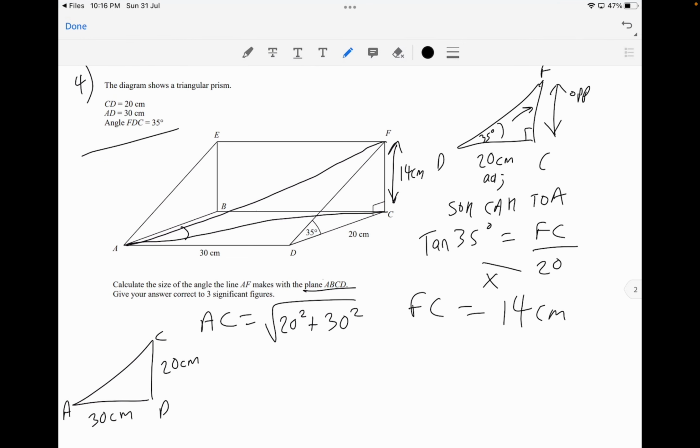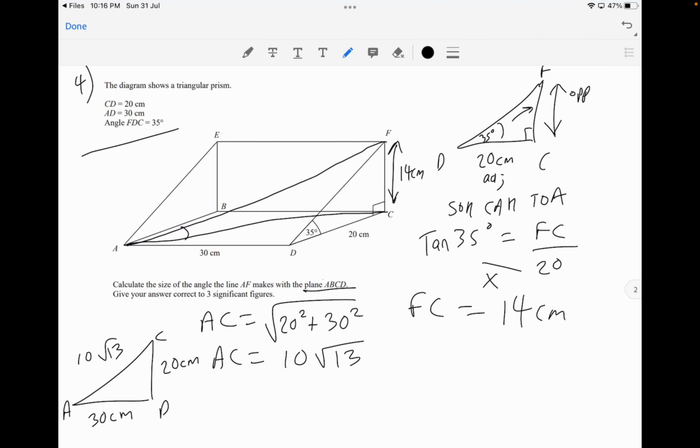This is Pythagoras theorem again. So AC is equal to the square root of 20 squared plus 30 squared. Once you do that, you'll be getting a surd, and we're going to leave it as a surd. So AC is equivalent to 10 square root 13.